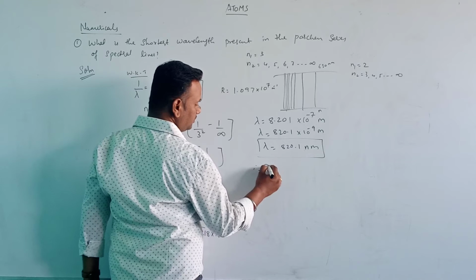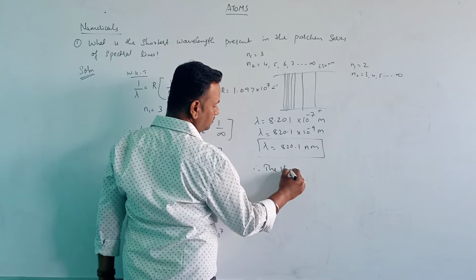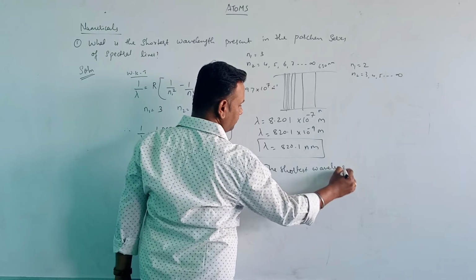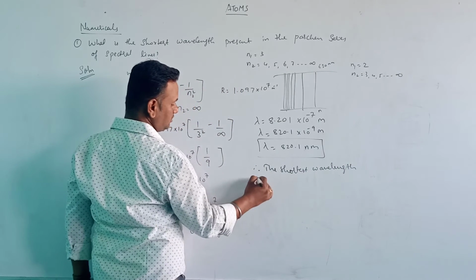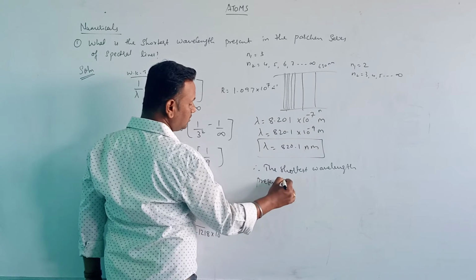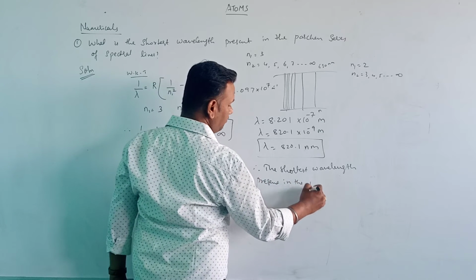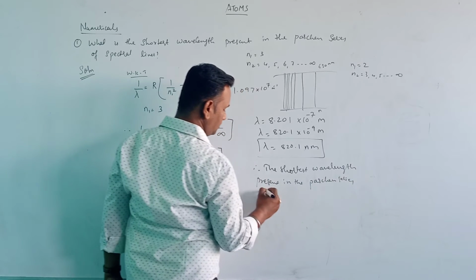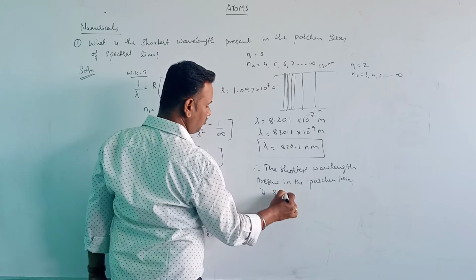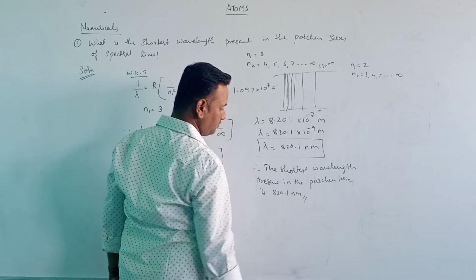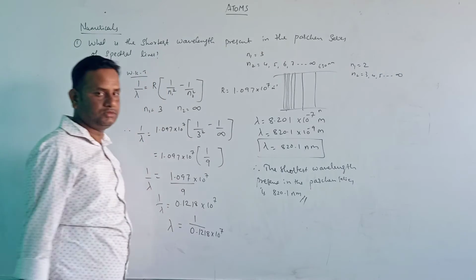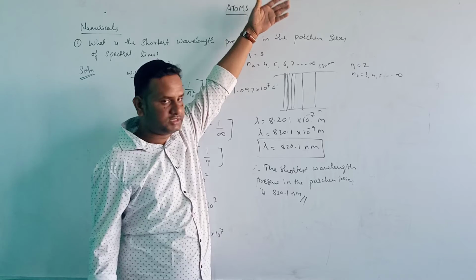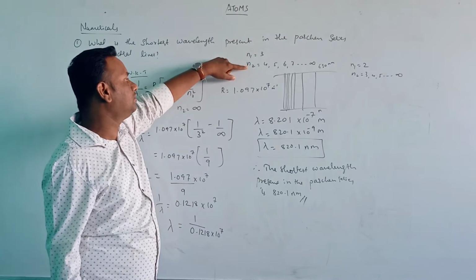Therefore the shortest wavelength present in the Paschen series is 820.1 nanometer, which is the required answer. If they ask the Brackett series or the Pfund series, then the n1 value and n2 value are going to change.